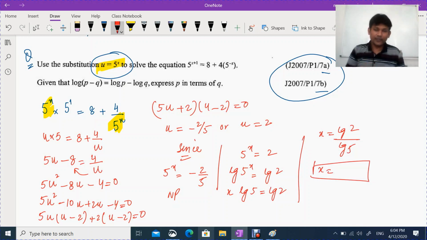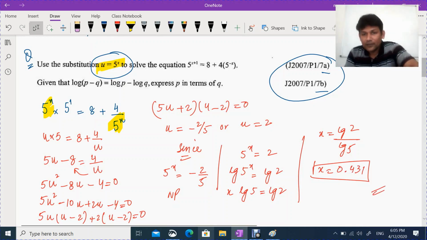Again, I am telling you, in the calculator, the LOG is your LG. LOG 2 divided by LOG 5, and that's your answer. Please give the answer in three significant figures: 0.431, and that's your answer.